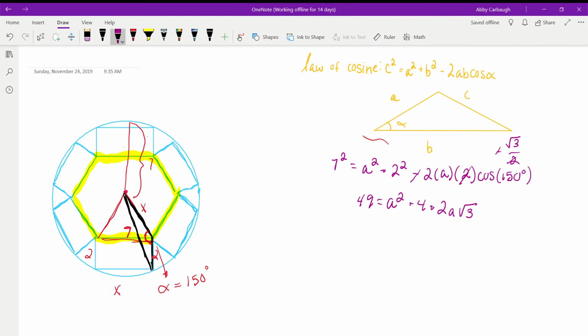And then we'll put it all to one side. a squared plus 2 root 3 a minus 45 equals 0.